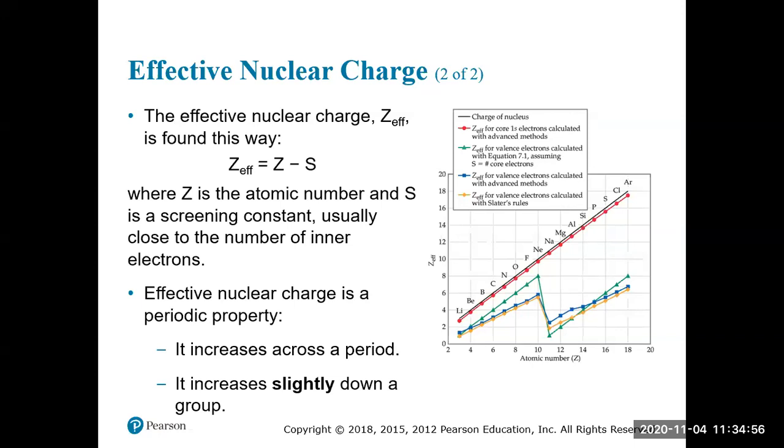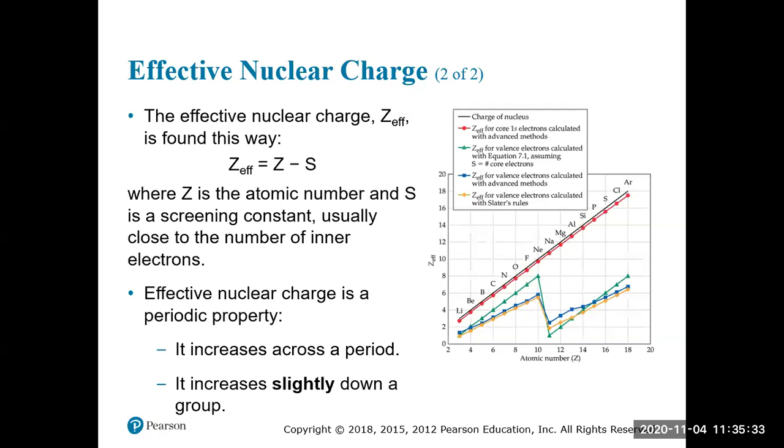There are different ways you can calculate it, some more complicated than others, but a real simple way to calculate the screening constant is simply to count the number of inner electrons. In other words, if you count the number of electrons that would be in the atom's noble gas configuration, that's a reasonable approximation of S. And then you would subtract that S value from the atomic number to get the effective nuclear charge.